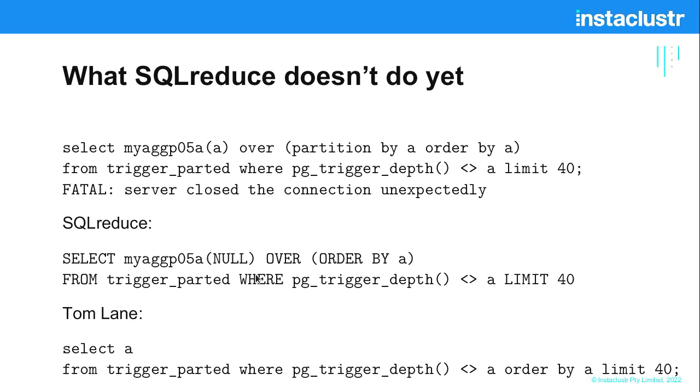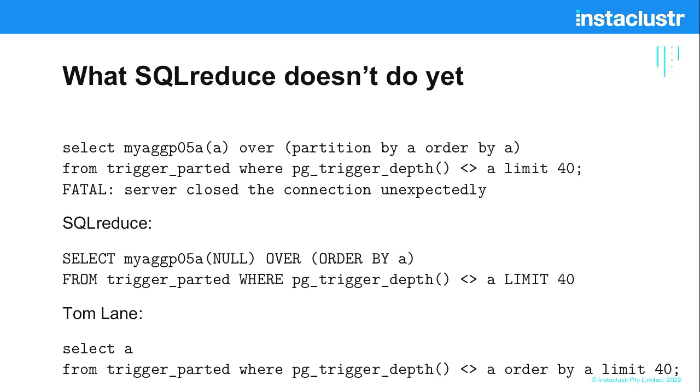But when manually reducing that query, Tom Lane, one of the leading Postgres developers back then, actually figured out that the query could be rewritten, that the order by is basically pulled up to the top and pushed down there. So this is arguably more simple than that one, but we can again apply SQLreduce on that one, and there's actually room for improvement there. Does anyone see where it is?